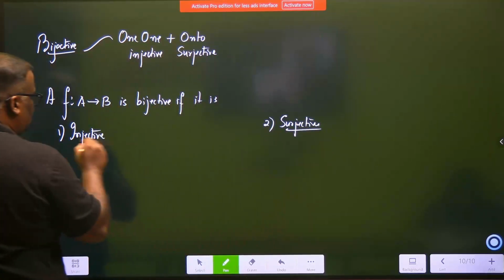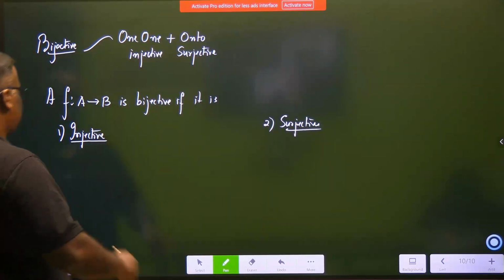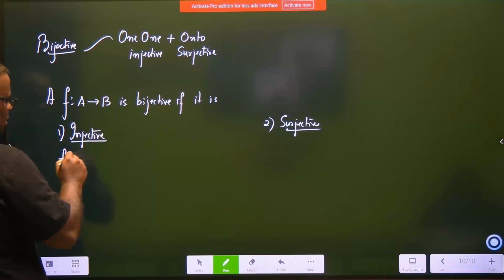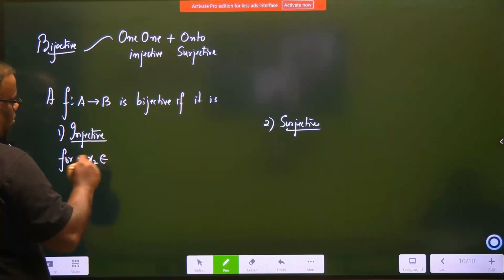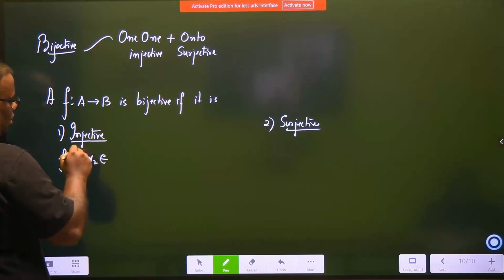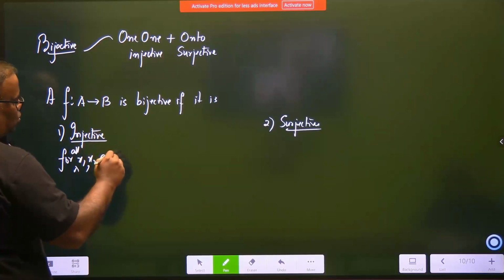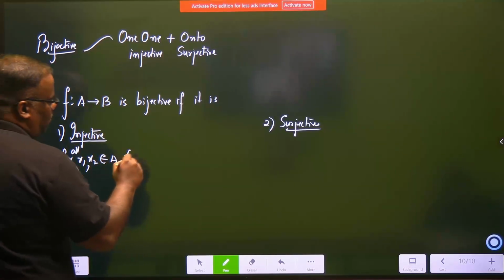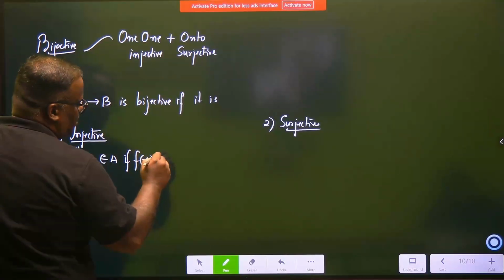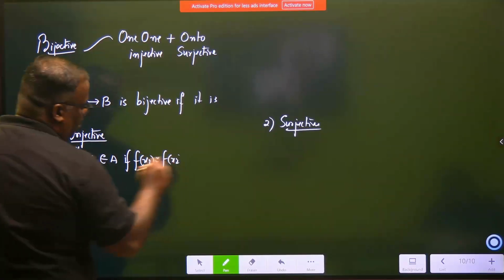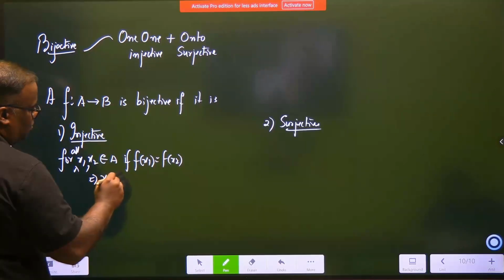Then we have to list them out. Injective means for all x1, x2 belonging to A, if f of x1 is equal to f of x2, it implies x1 is equal to x2.